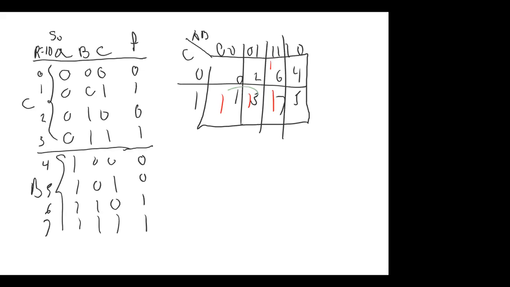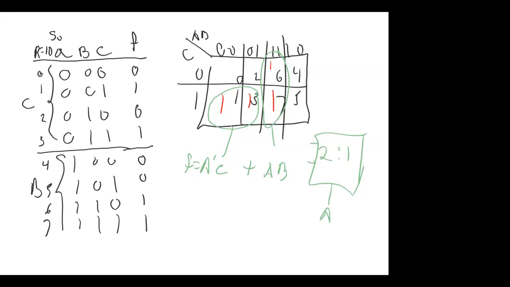I'm going to loop, and then loop again. This is going to be equal to A prime C, and this is going to be equal to A B. And that is the function that defines a 2-to-1 multiplexer where A is the selector and B and C are inputs. Any questions about that?